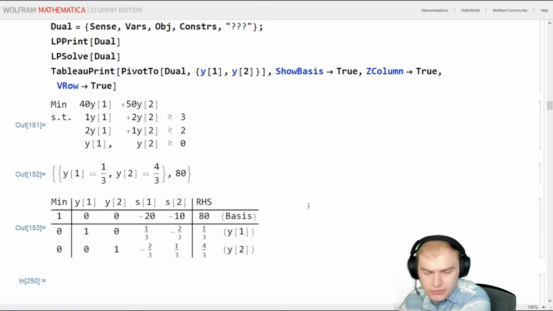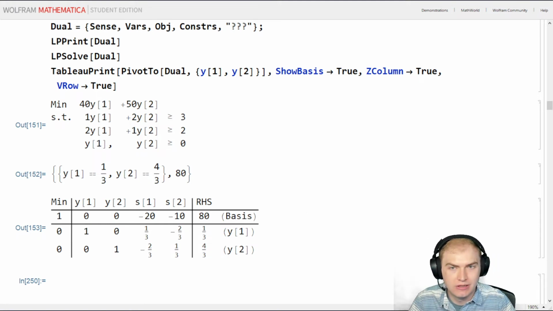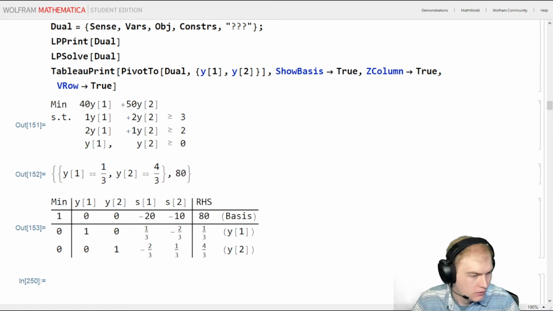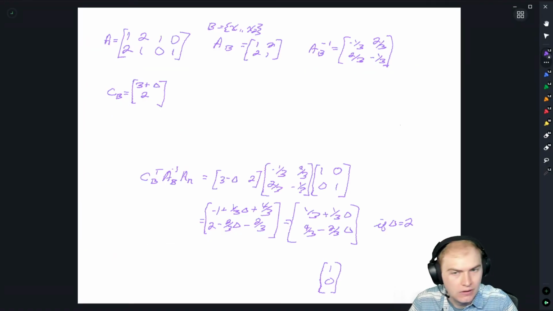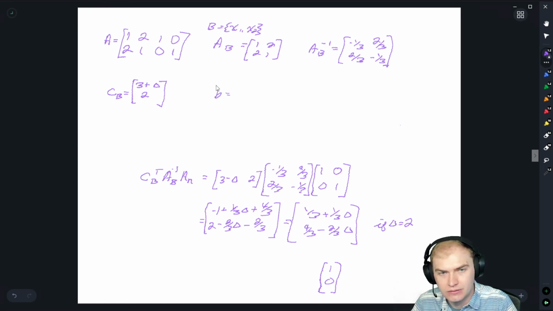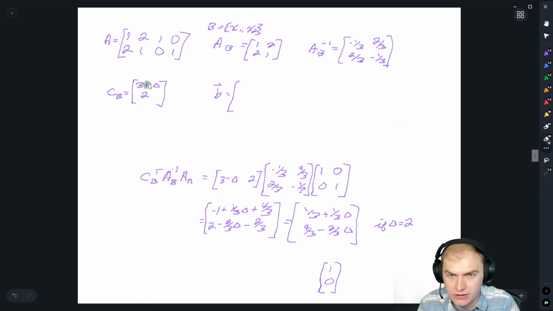I suppose you could do what we did over here. Let's see if this works. We could take B and add a delta, subtract a delta.